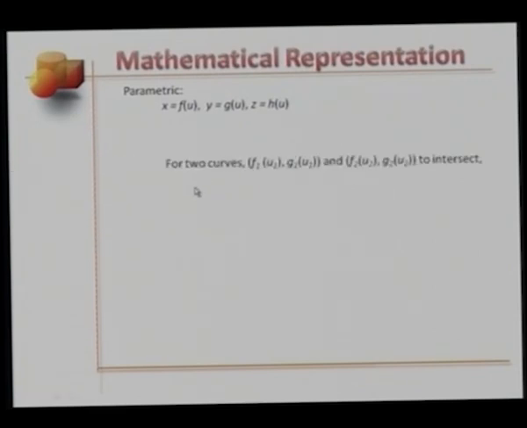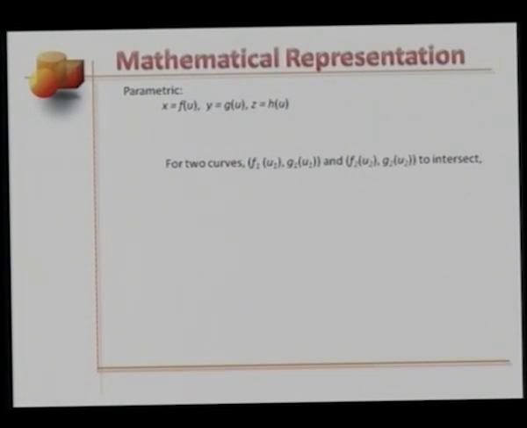Further, if we have two curves in, let's say, two-dimensional space with functions f1 and g1, both expressed in terms of parameter u1, and for the second curve we have functions f2 and g2, both expressed in terms of a different parameter u2.